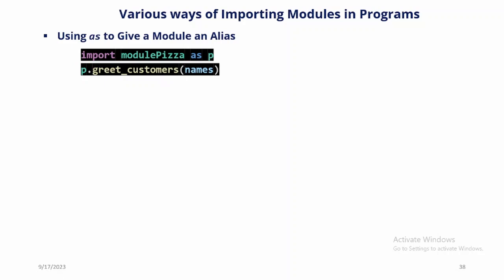This has an advantage. First of all, you have less typing to do. And if you calculate how much time it takes you to type 1, 2, 3, 4, 5, 6, 7, 8, 9, 10, 11, you are reducing your typing work by a factor of 11 if you use only p as the alias.